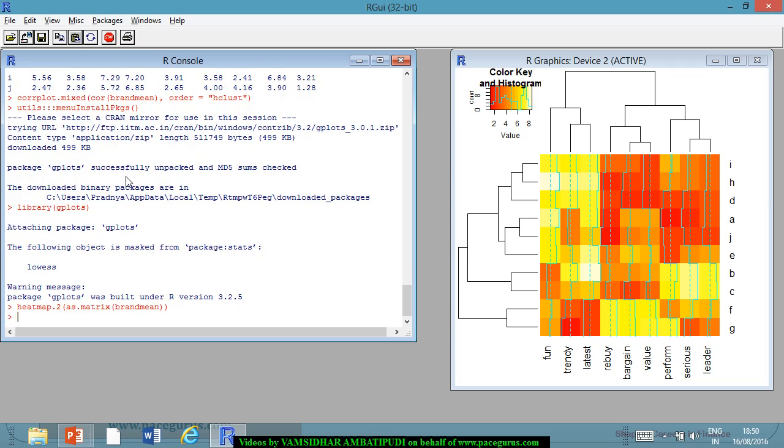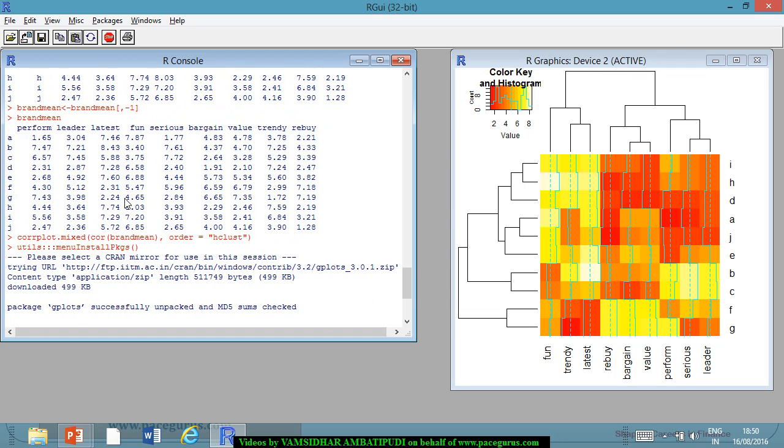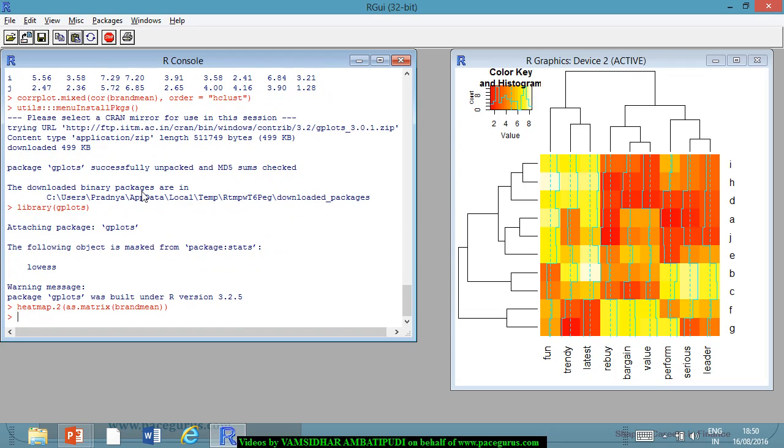Let me first go with the original data, then I'll go with the mean data. Initially, let me do a plotting of it. It's better I get the correlations, which we have already got.